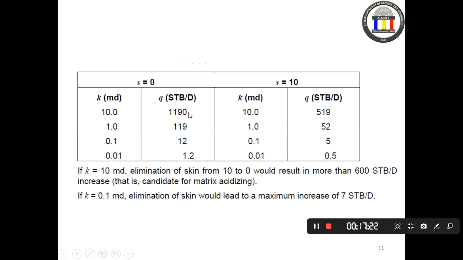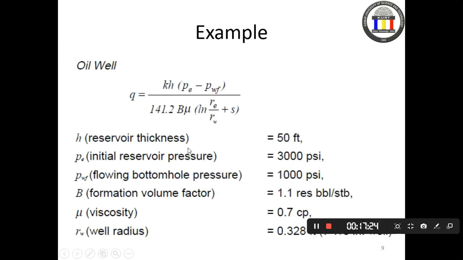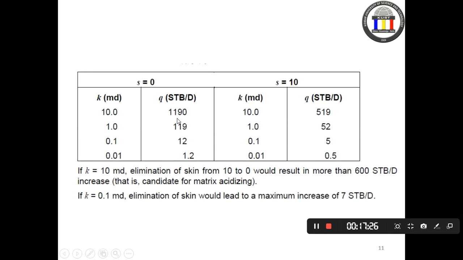Then, if the permeability is 10, this is the example of this case. If the permeability is 10, you can produce 1190 barrels. If you put it at 1, permeability is directly related to the flow rate. On the other side, if you have a skin factor, which is the formation damage, the plugged permeability near the wellbore, you see that with 10 permeability, the flow rate is reduced to 590 barrels.